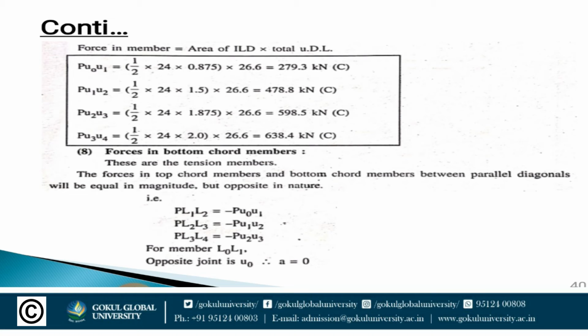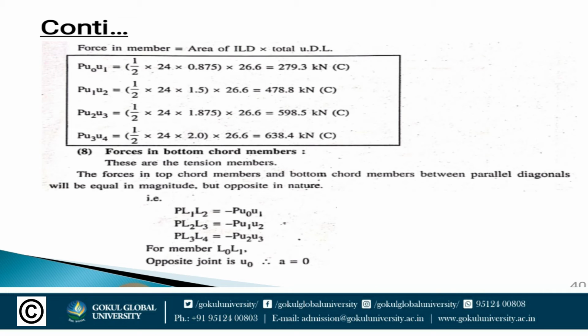After that we go for forces in the bottom chord member. The bottom chord members are tension members because they carry the different loads. The forces in the top chord member and bottom chord member between parallel diagonals will be equal in magnitude but opposite in nature. Okay, so got it?